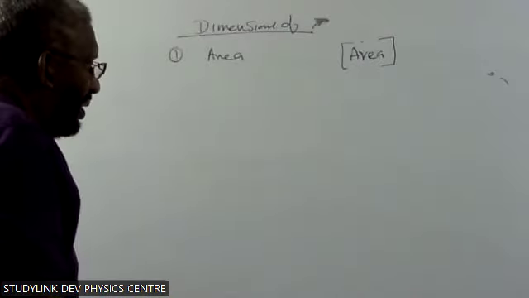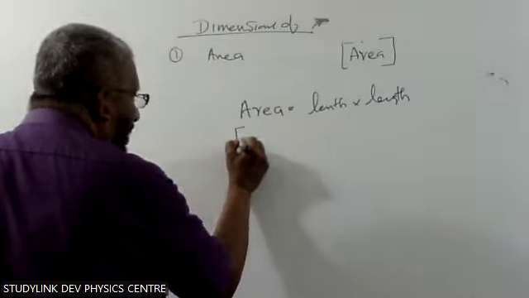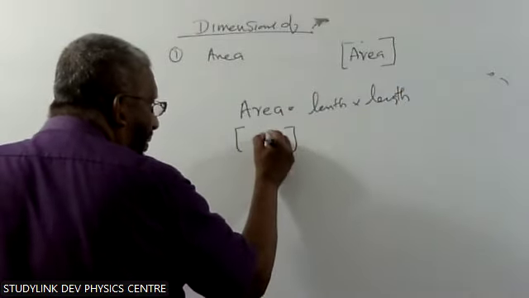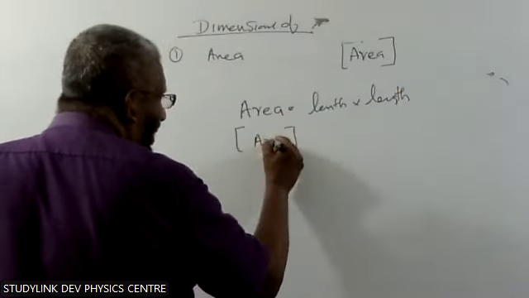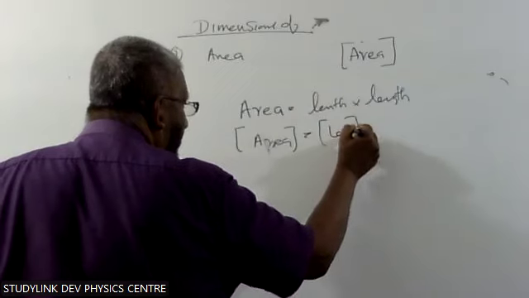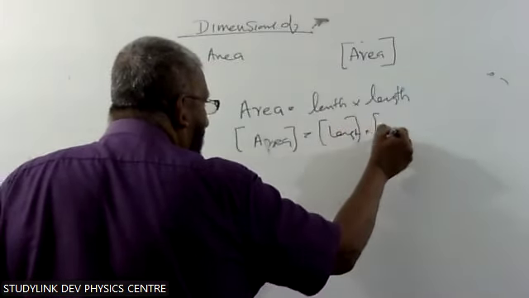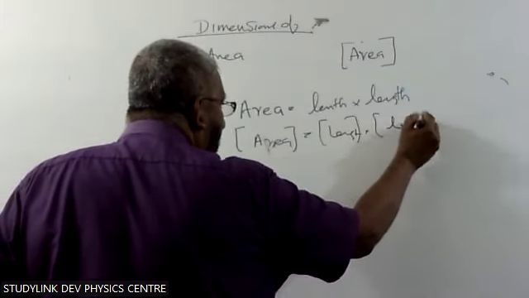Area is equal to length into length. So dimension of area, initially we'll write like that. Later we are not writing the other step like this. Dimensions of length into dimensions of length.